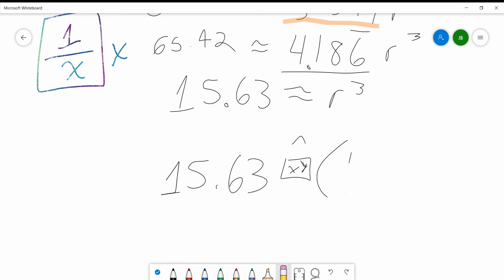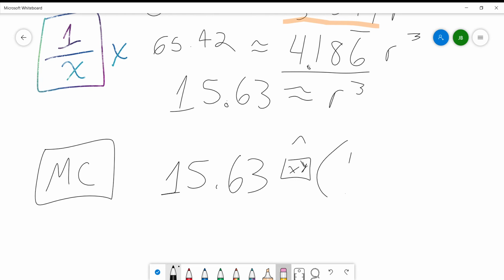The other thing you can do is you can do 1/3, store that in your memory, 1 divided by 3, memory plus, and then do 15.63 raised to the power of memory recall. Anytime you do memory plus, guys, make sure you do MC, memory clear. This clears your memory. So whatever number you were holding from problem 3, you don't want that number to be screwing you up on problem 7.